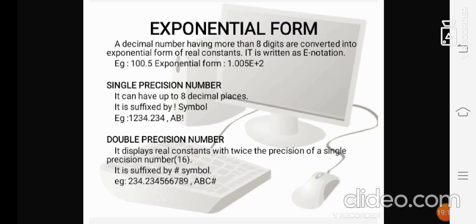This is only a single position, but a double position displays the real constants with twice the position of a single position number, and it's suffixed by a symbol. Single is only a single number, but double position is converted into double numbers. So this is an example of exponential form.